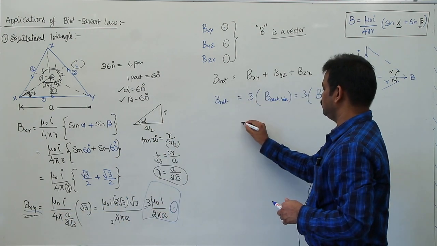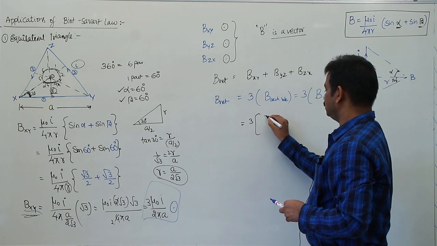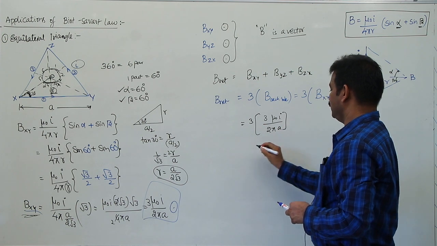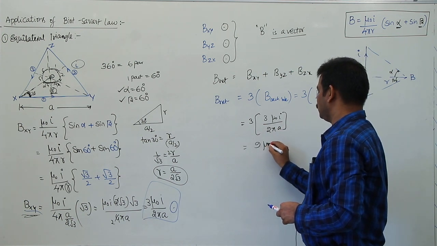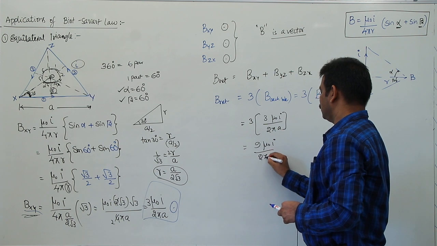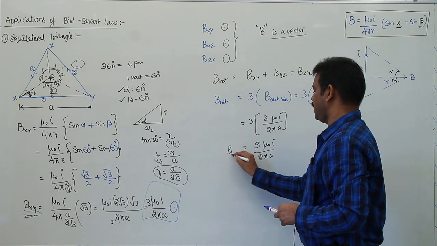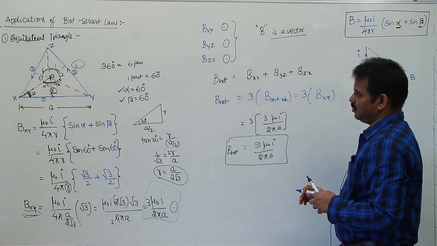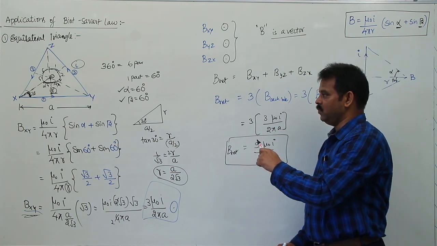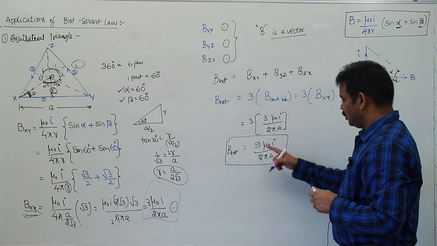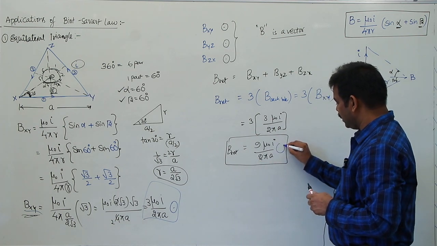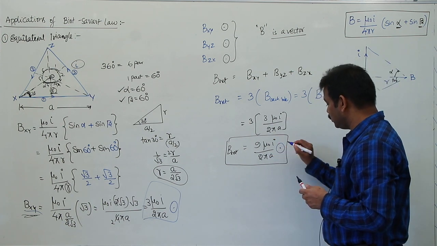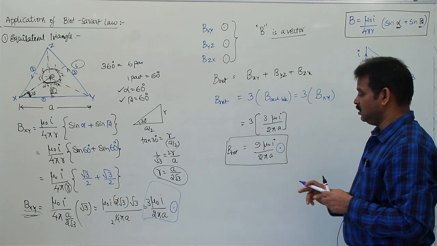So I am going to substitute this here. 3 into, this is 3 mu naught I by 2 pi A. So this will become 9 mu naught I by 2 pi A. So this is the magnetic field at the centroid of an equilateral triangle. But always when these types of questions are given, in the options they will give this magnitude and they will give the direction also. Here the total magnetic field is acting outwards. So indicate with a circle with a dot at its center.